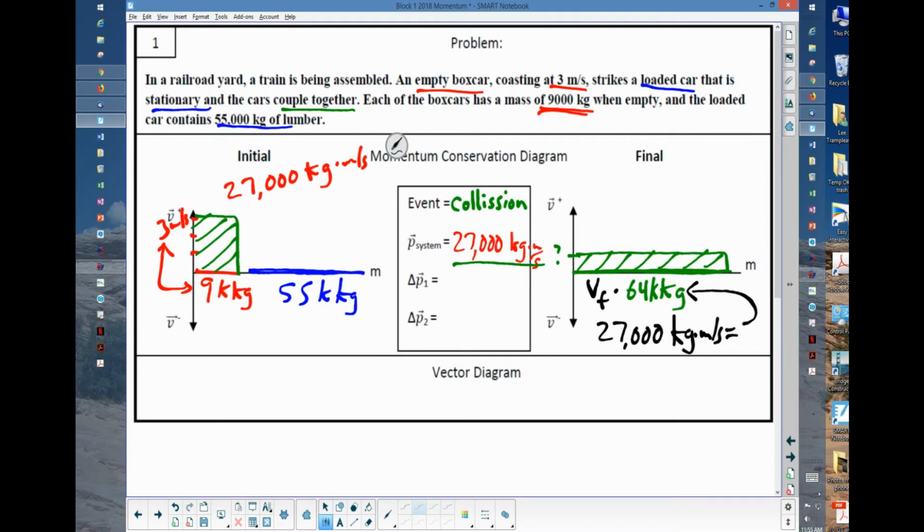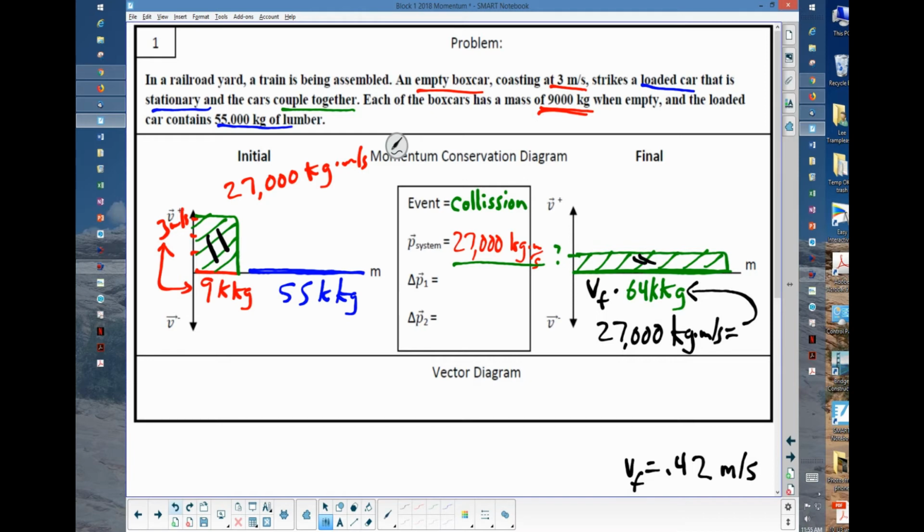Plug that in the calculator really quick, and we get 0.42 meters per second as our final velocity. So basically all we're looking for here is that my initial momentum, area under the curve, has to equal my final momentum, area under the curve.